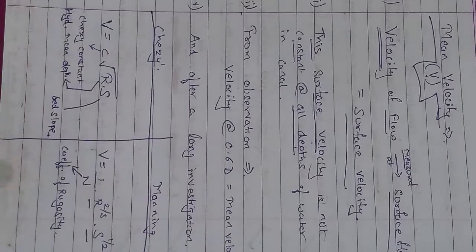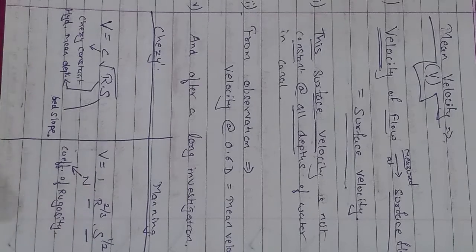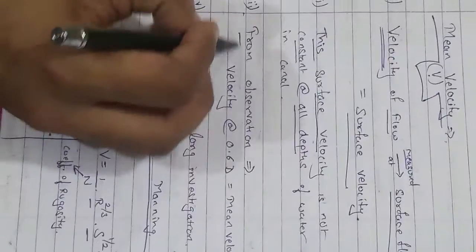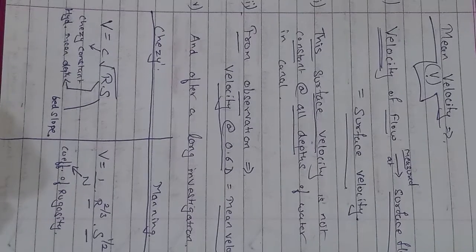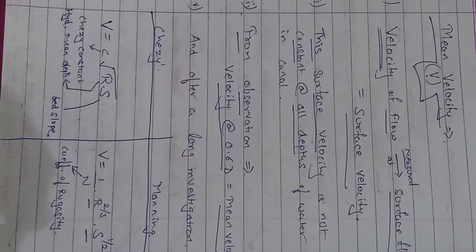Obviously, it will be different at the top, at mid level it will be different, and at the bottom level it will again be different. So from observation it has been found that velocity at 0.6 d will be the mean velocity. The velocity measured at 0.6 d will be the mean velocity.